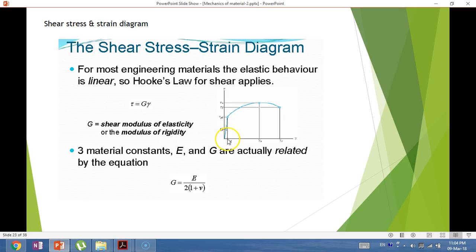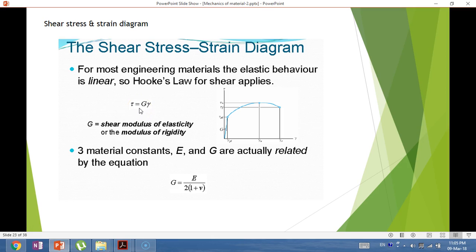The linear portion before was Young's modulus when we were talking about stress and strain, but in the case of shear, the slope is called the shear modulus of elasticity or the modulus of rigidity. So this is G, and here the slope is equal to tau over gamma, where gamma is the strain and tau is the stress.